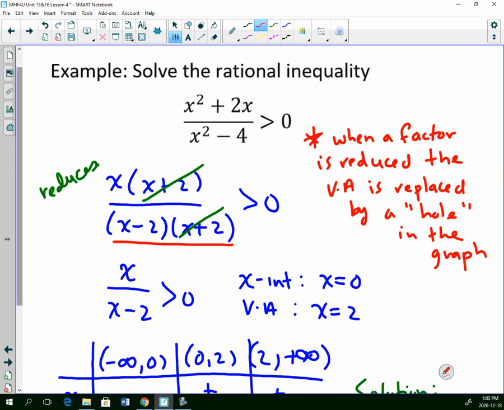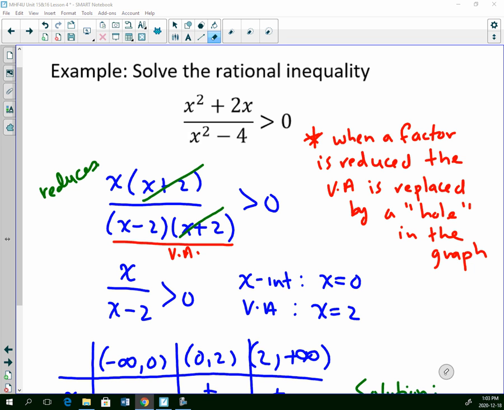So when a factor is reduced, when I graph this, I would expect to have a vertical asymptote at 2 and -2. But when that vertical asymptote gets reduced, the vertical asymptote is replaced with what we call a hole in the graph.